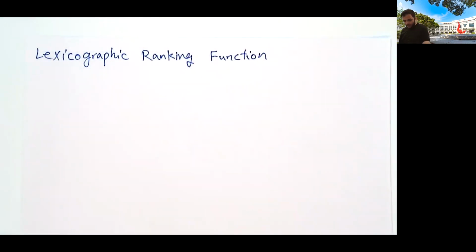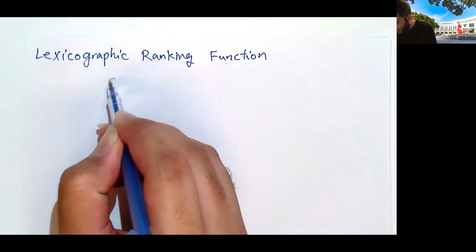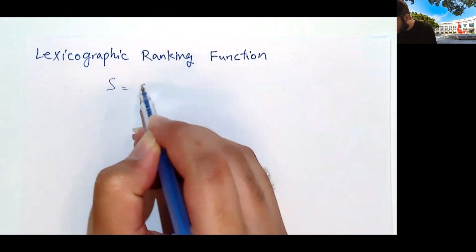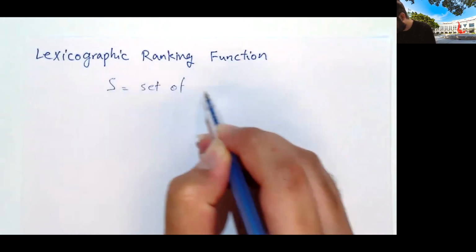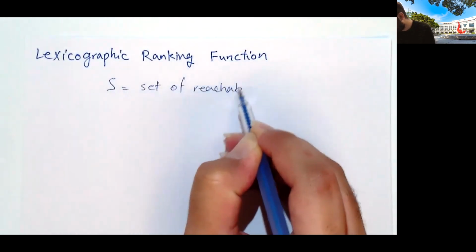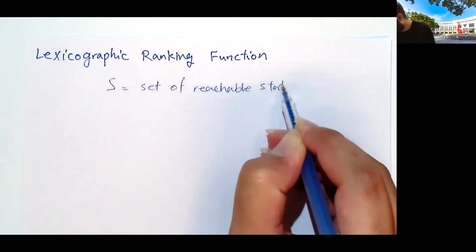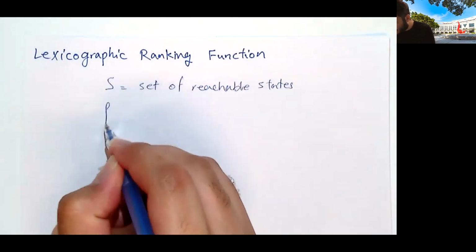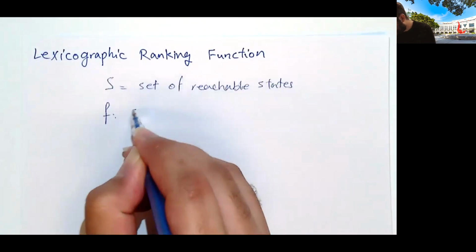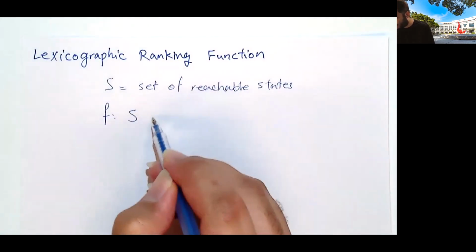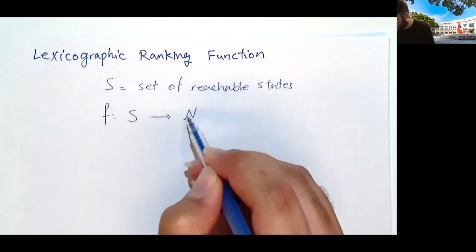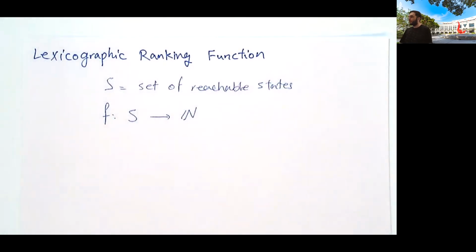Recall from the last session that S is the set of reachable states in our program. Previously we had a function f that mapped every state in S to, let's say, a natural number, with other constraints on it, so it decreased at every step of execution.